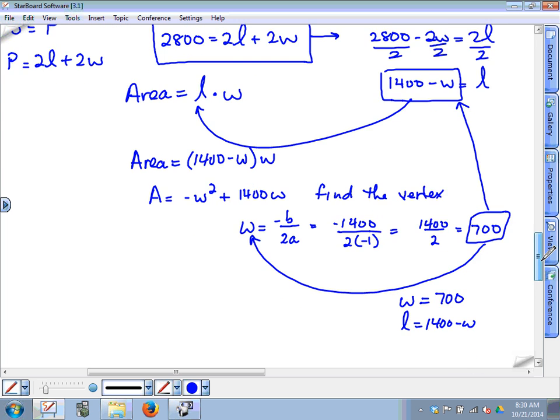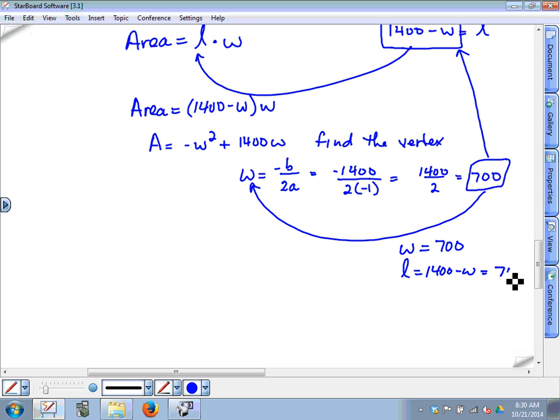But if the width is 700, then the length is 700. So which rectangular enclosure would provide the maximum area? 700 by 700, which is a square.